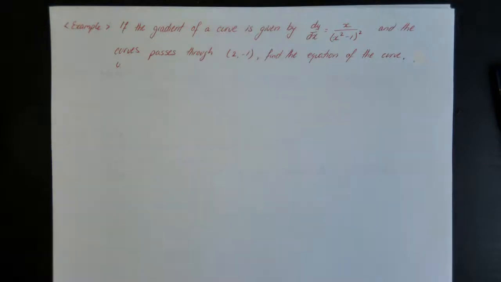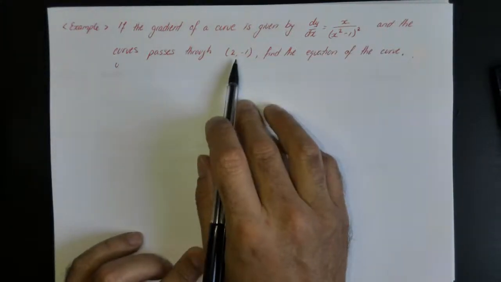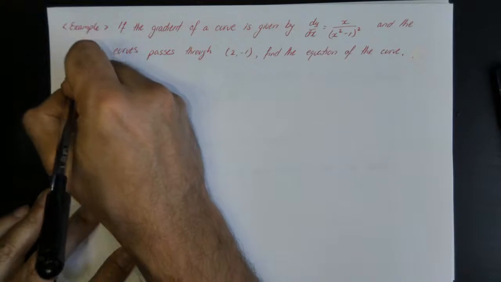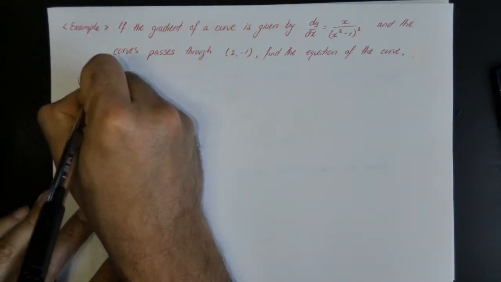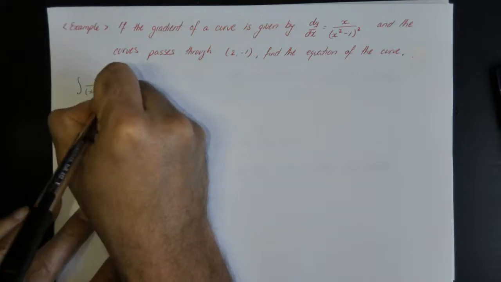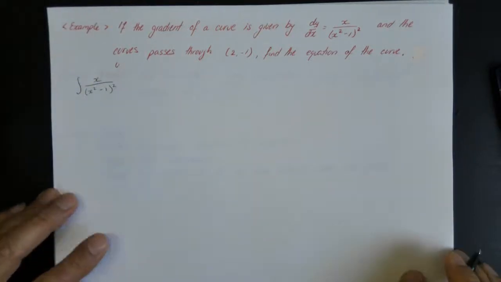Alright. So here's another example. If we have the gradient of a curve, and it's given by this derivative, and the curve passes through 2, -1, we want to find the equation of that curve. Okay, so what we've got to do is integrate.